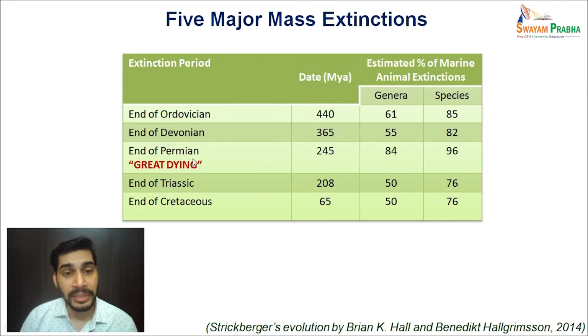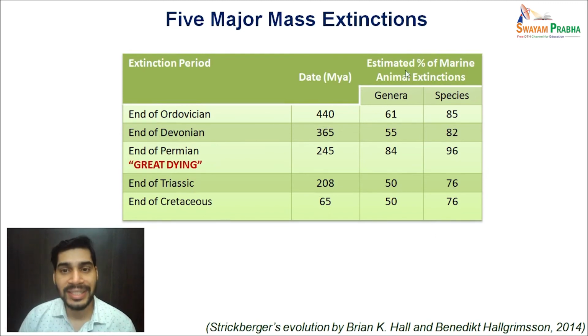At the end of Permian period, another mass extinction took place at around 245 million years ago. At the end of Triassic, 208 million years ago, and at the end of Cretaceous, at around 65 million years ago, the most recent mass extinction event took place.